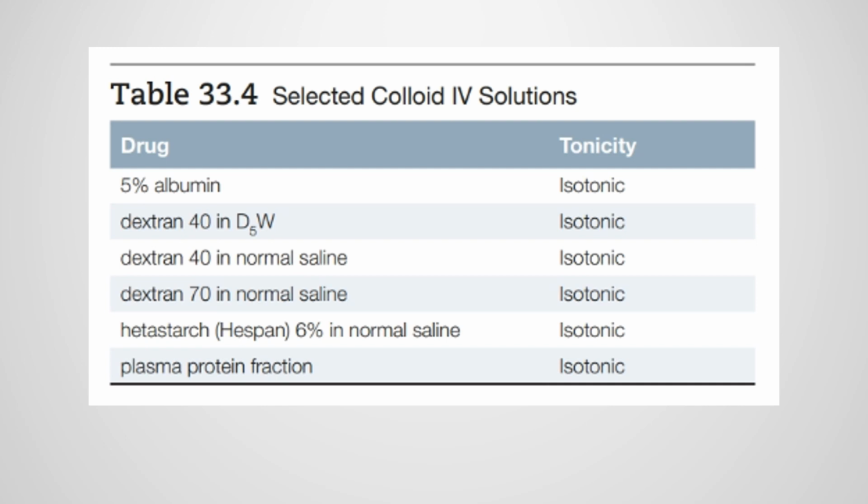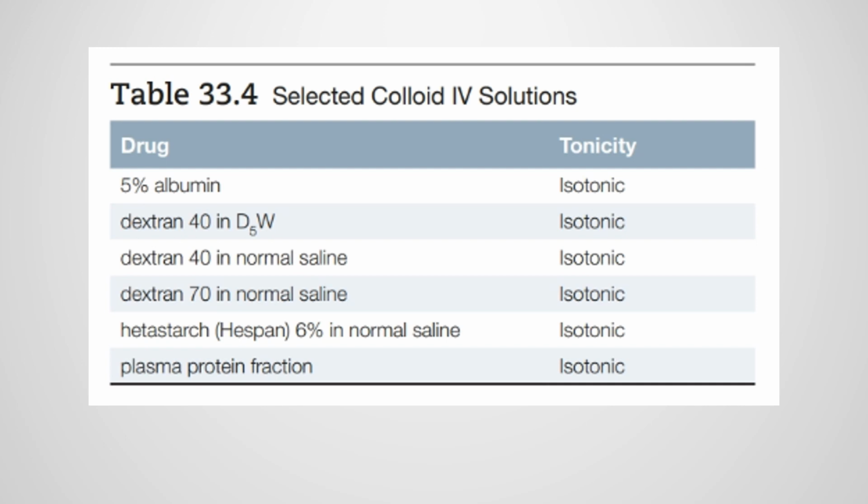So these are volume expanders. Okay, so they don't leave the vascular space. They stay in the vascular space. So they can increase oncotic pressure and pull fluid into the vascular space.